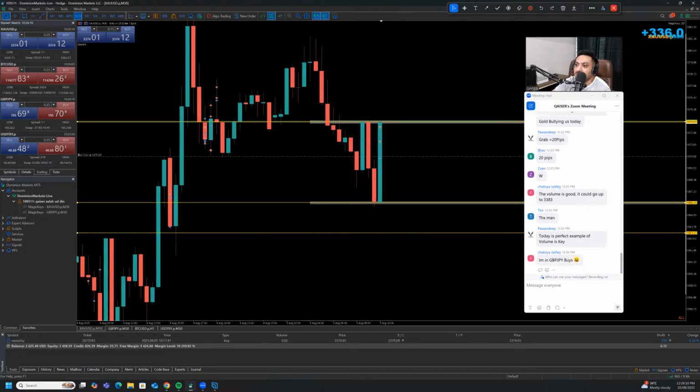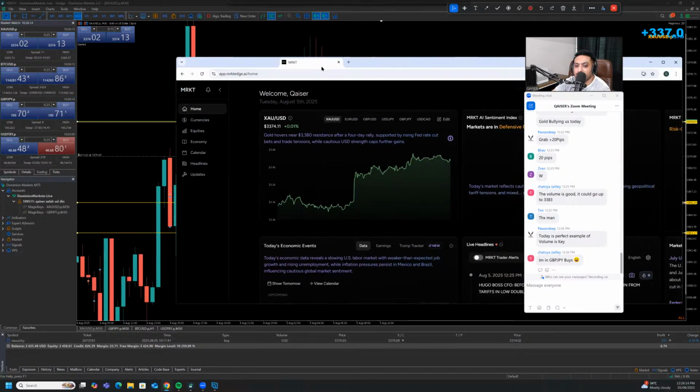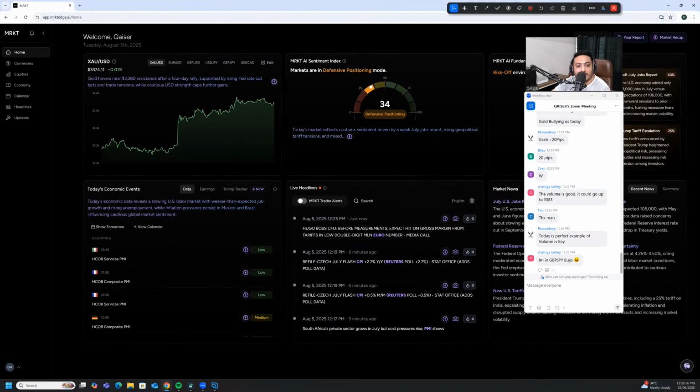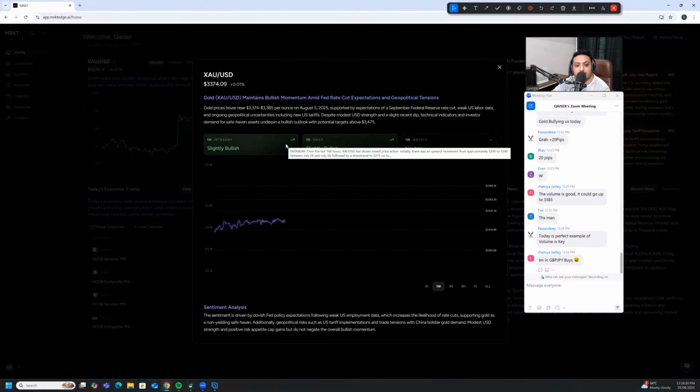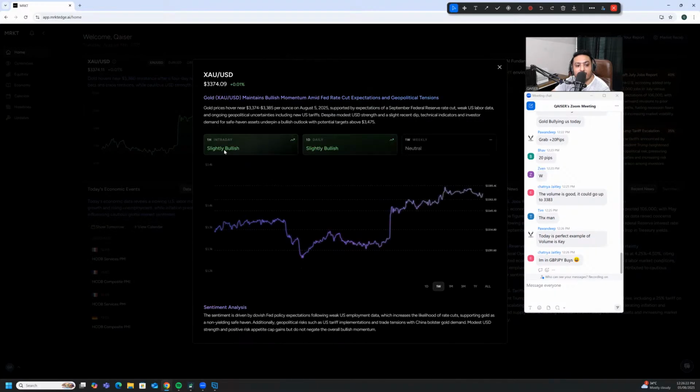Let me see what Market Edge AI is telling us for today. Market Edge AI gold chart, I just wanted to see this one. All right, so Market Edge AI is telling us the intraday 1 hour is slightly bullish, daily is bullish. The sentiment is driven by dovish Fed policy expectation following weak US employment data, which increased the likelihood of rate cuts, supporting gold as a non-yielding safe haven.